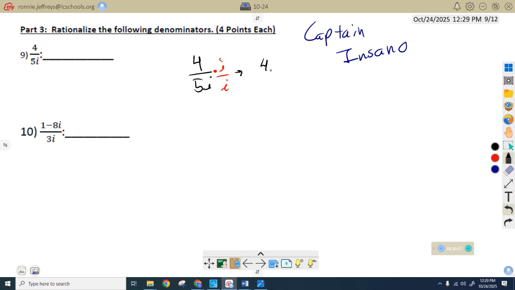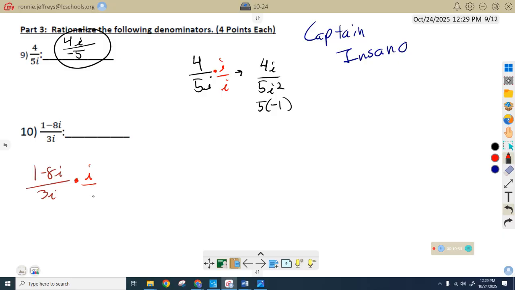So, when we're done, you basically poke the i out of the bottom. Alright, so 4i over -5. And then, so 1 minus 8i over 3i. Captain Insano.